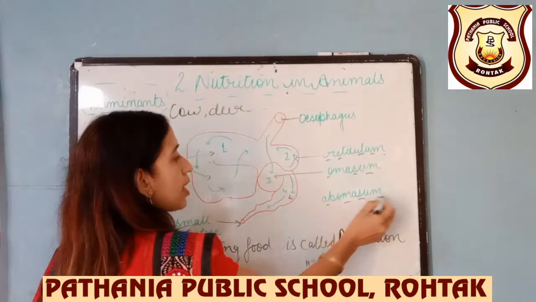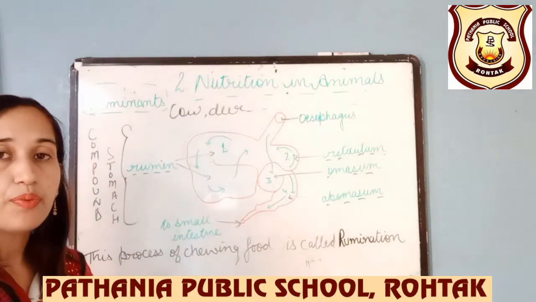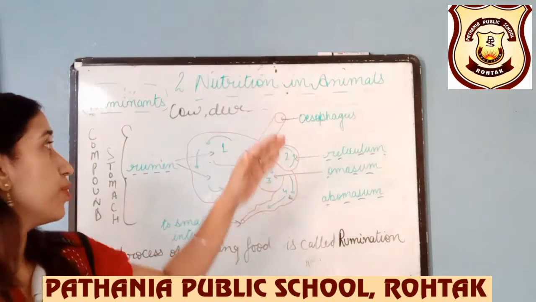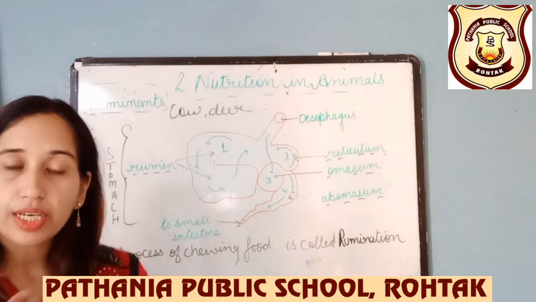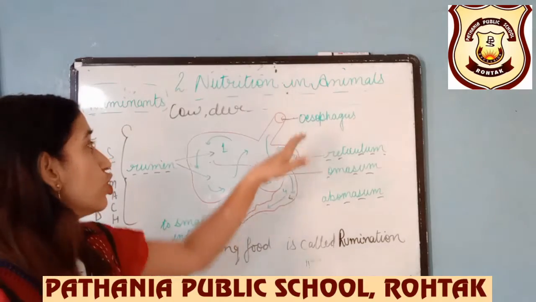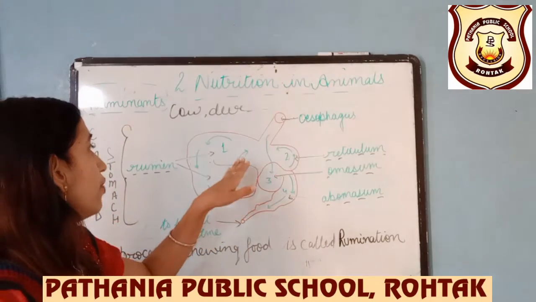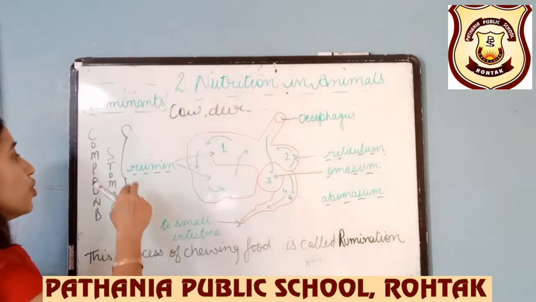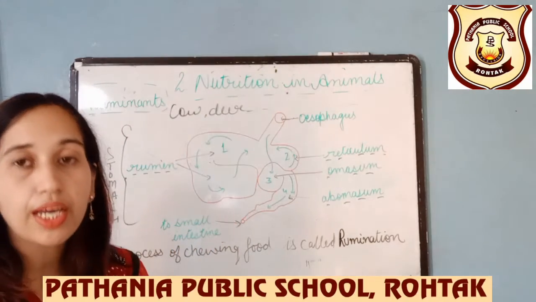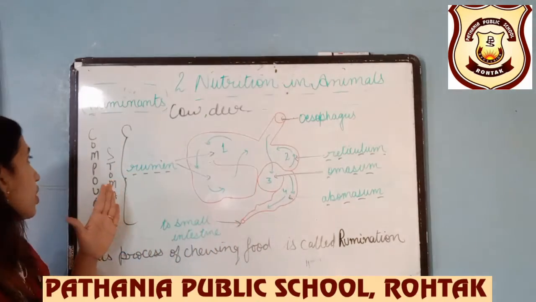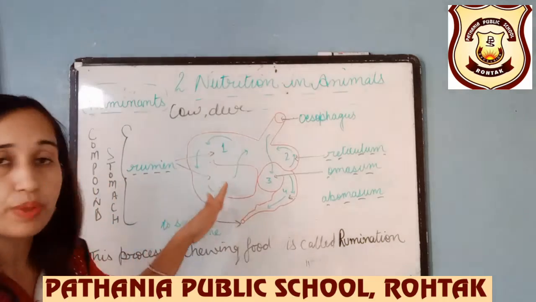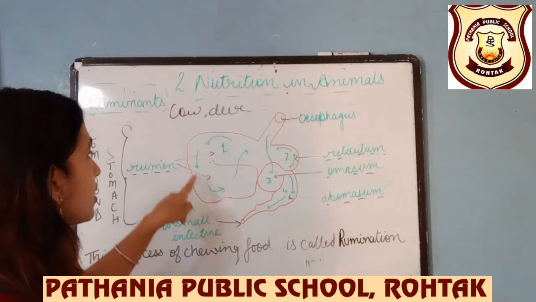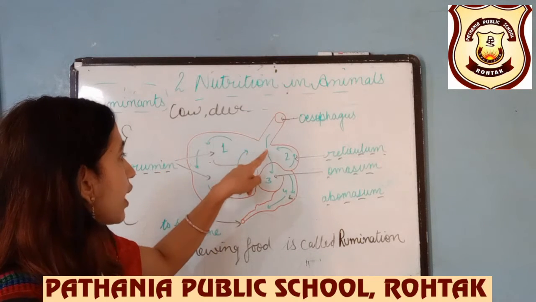What happens when the food is ingested through the mouth? It enters the stomach through the esophagus. It enters the very large part of this compound stomach, called rumen, which is the first part. From this, the food goes into the second part, reticulum.